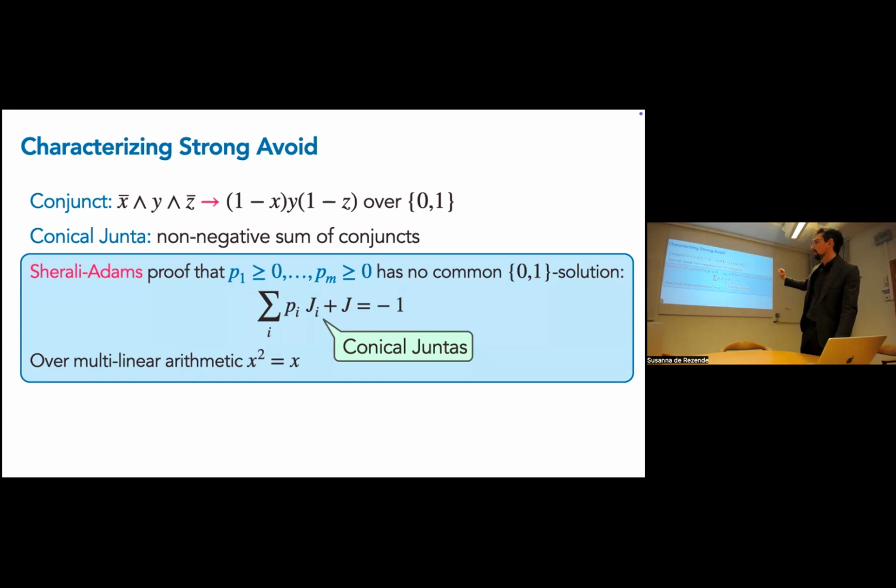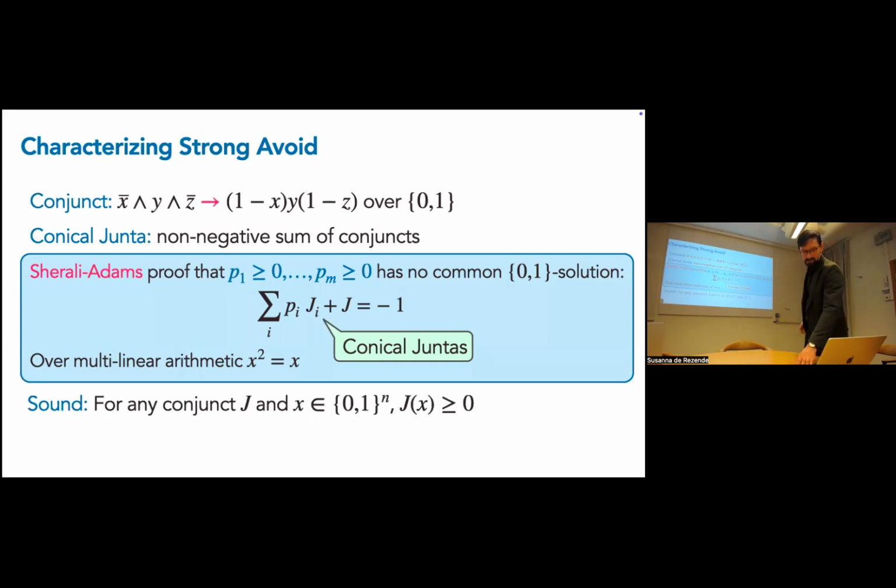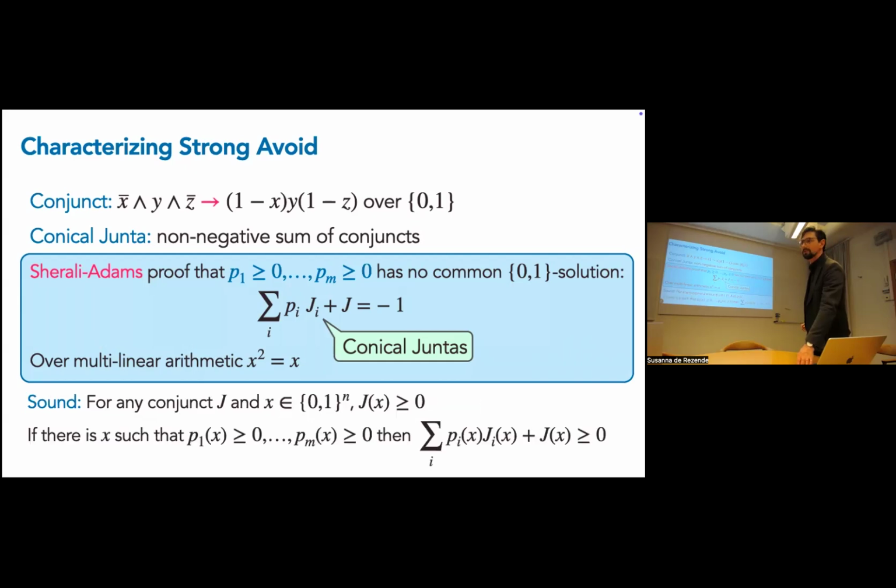And we're going to work over multilinear arithmetic, so x squared is always equal to x. This has the same effect as restricting to 0, 1 points. This is sound because conical juntas are non-negative over 0, 1 assignments. And if there was an assignment which satisfied all these polynomials simultaneously, then it would set this thing to greater than or equal to 0, right?